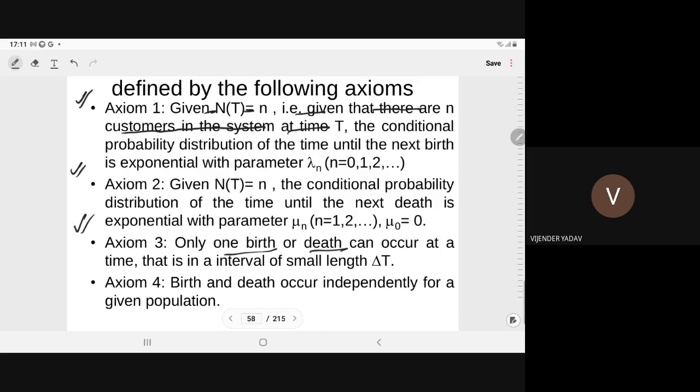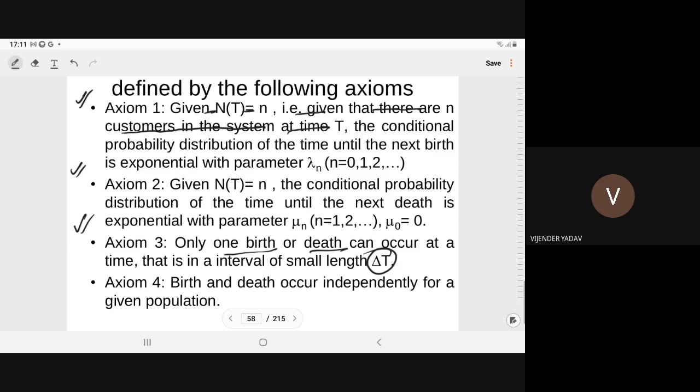Simultaneously, two births cannot happen, two deaths cannot happen, or a birth and a death cannot happen. We assume that either only birth or only death can happen in that small interval of time of length delta t.